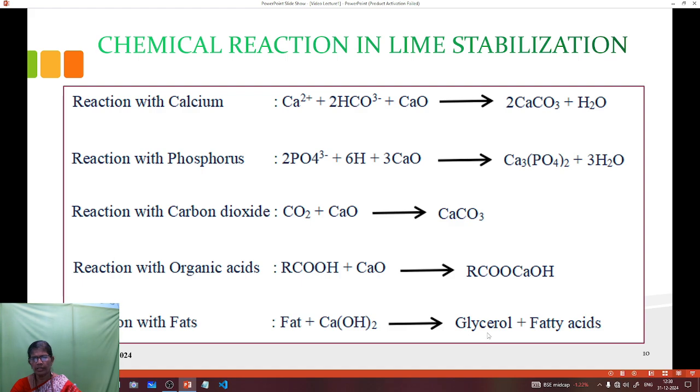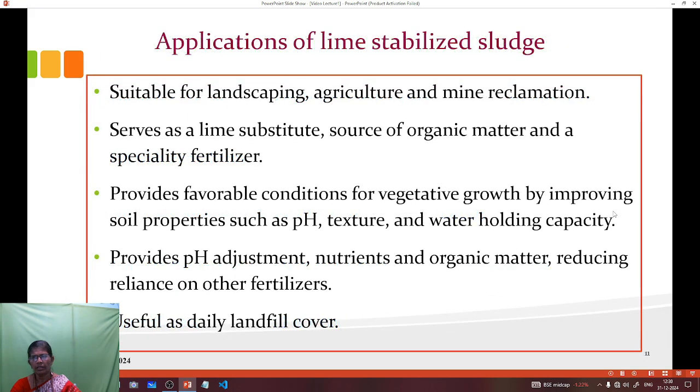Then it is converted into glycerol and fatty acids. So it is reacting with calcium, phosphorus, carbon dioxide, organic acids and fats. The final products are somewhat non-reactive. Next, the applications of lime stabilized sludge: where we can use this stabilized sludge.